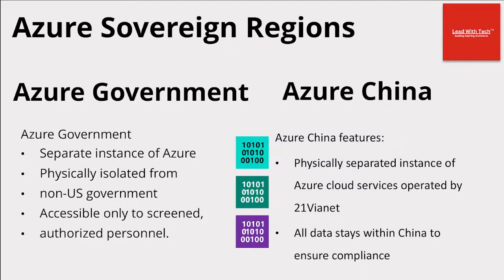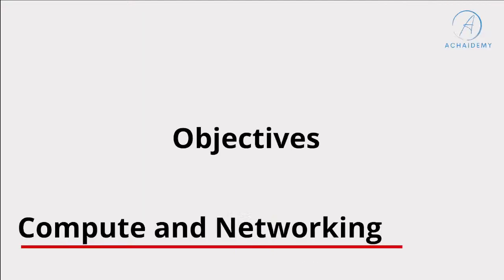So the key part here is that when you're talking about region pairs and availability zones, we need to keep in mind Azure Government clouds and Azure China and the various regions there to ensure compliance is not an issue.